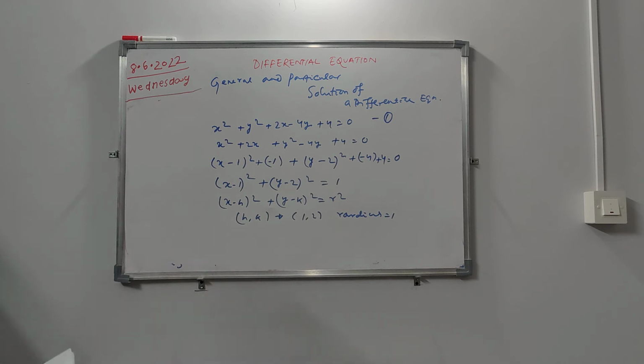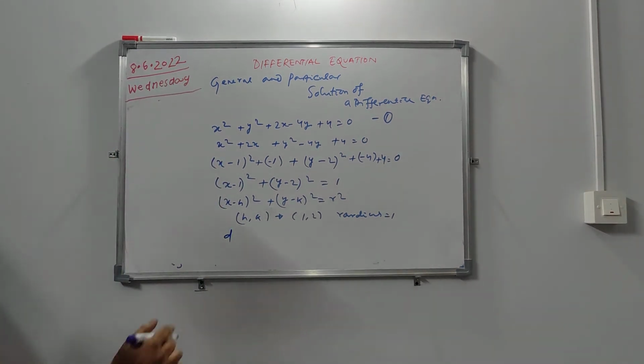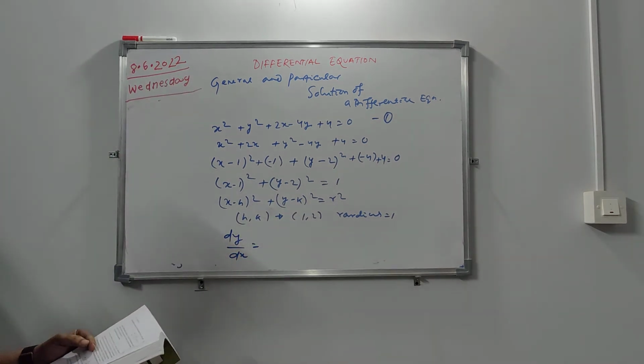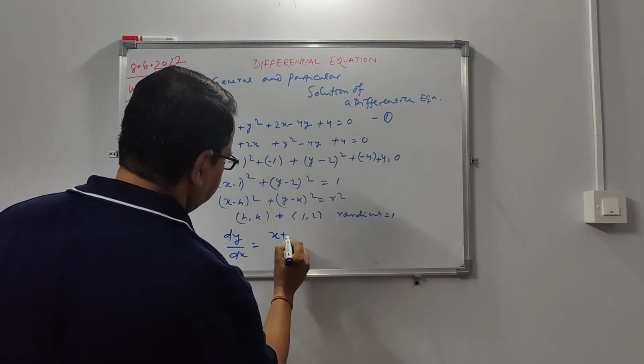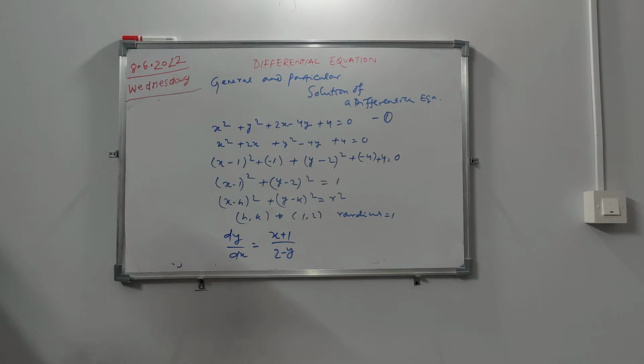If you differentiate this equation with respect to x, you will get the answer as dy by dx is equal to (x plus 1) by (2 minus y), where y is not equal to 2. So if you differentiate equation 1, this is the answer.